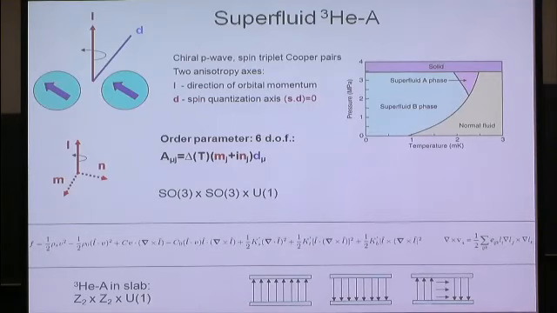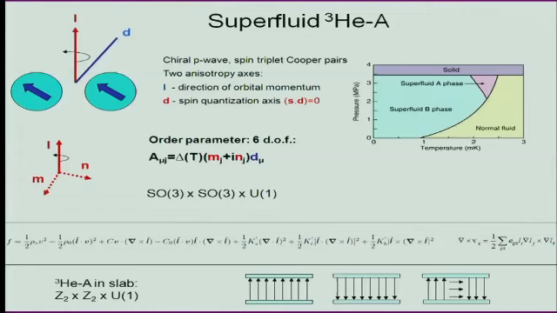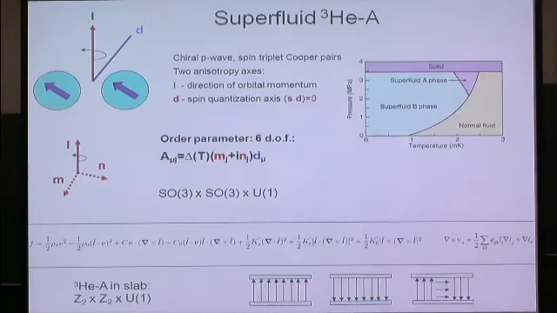Cooper pairs made of 2 helium-3 quasiparticles, which have a non-zero, P-wave orbital pairing, and also a triplet spin pairing, because they have spin 1/2 each. So both become ordered, and the total order parameter of this phase has 6 real degrees of freedom, of which orbitals look like that.